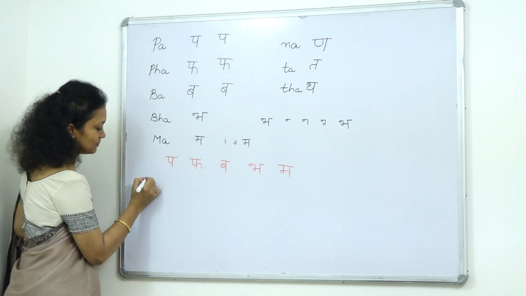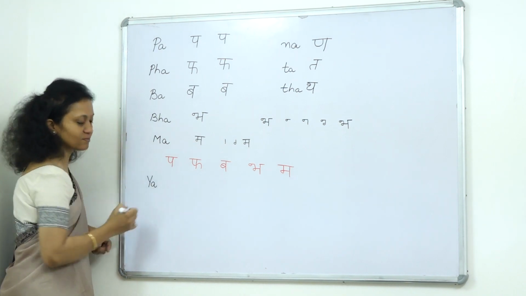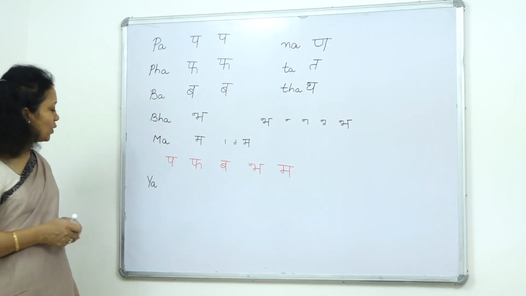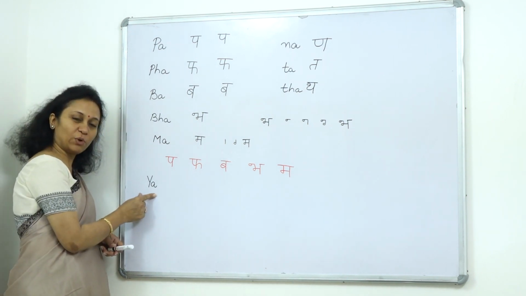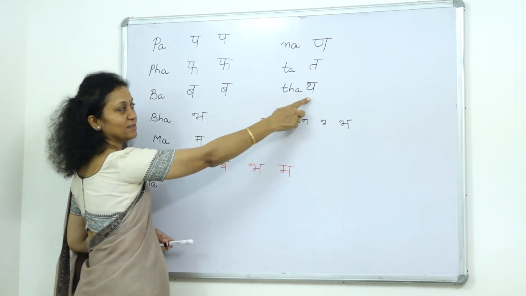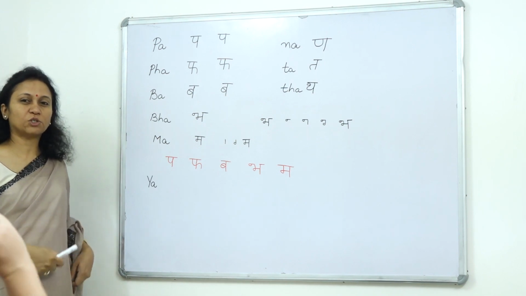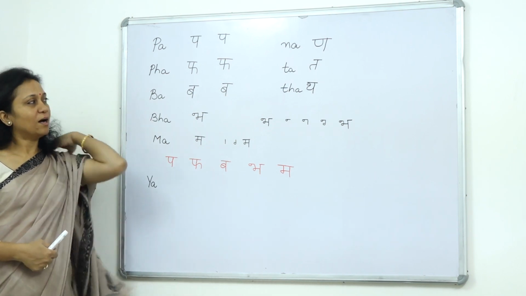So the next one is a year. For the year, you've actually drawn it before. Do you remember the first instruction to do this?